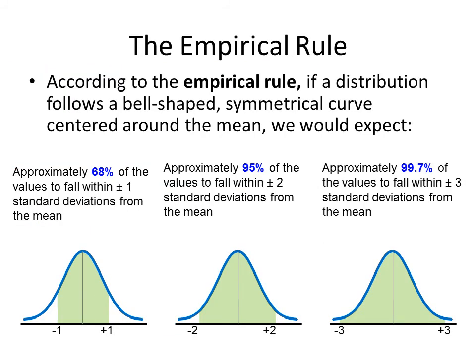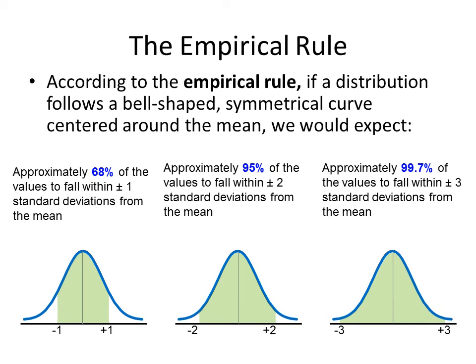The empirical rule plays a very important role in statistics. The empirical rule says that for a bell-shaped, symmetrical curve, a normal distribution, 68% of the observations are going to be plus and minus 1 standard deviation from the mean. 95% of these observations are going to be plus and minus 2 standard deviations of the mean.